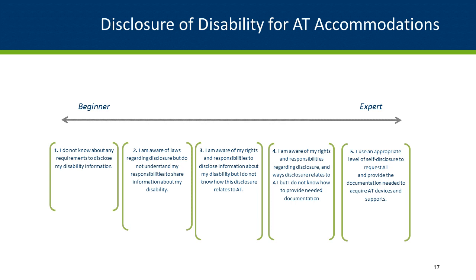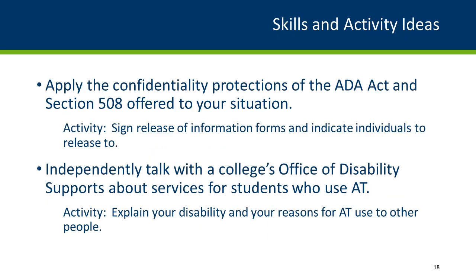So for me, this matrix has become sort of a progress monitoring tool as we think about assistive technology and independence with assistive technology at the college level. Here's some suggestions for activities that students need to be able to apply, not just know, but apply the confidentiality protections of ADA and Section 508 to your situation.